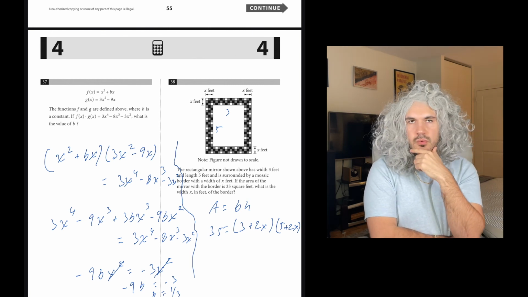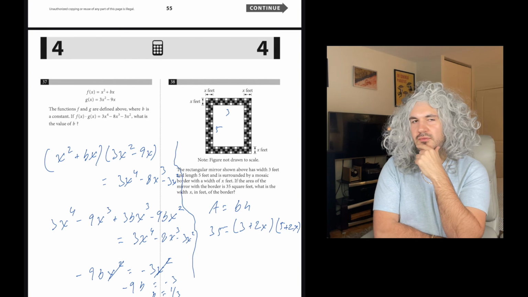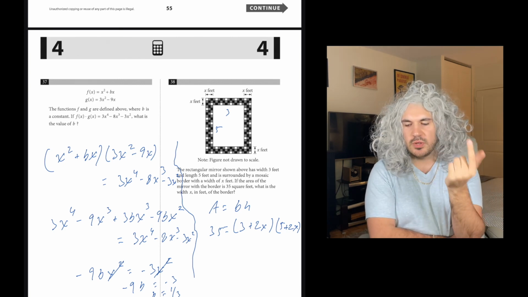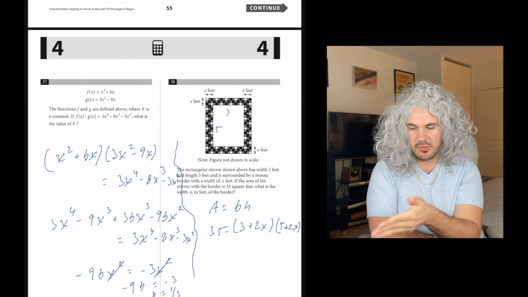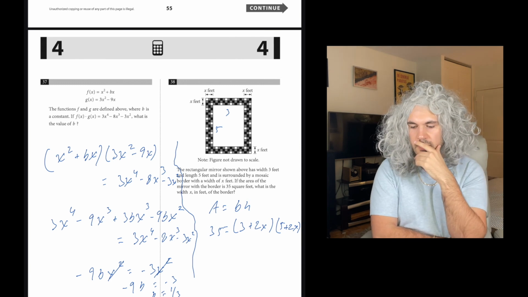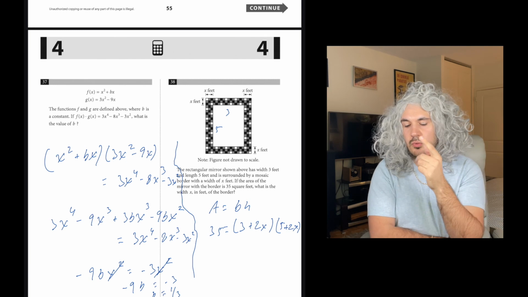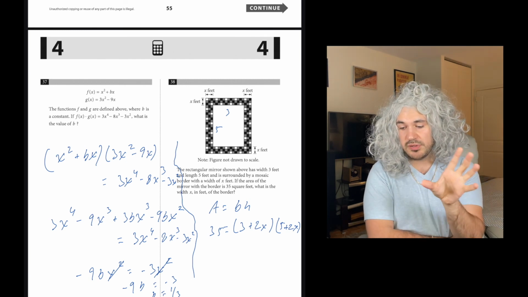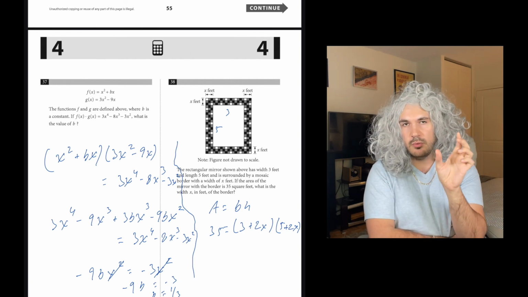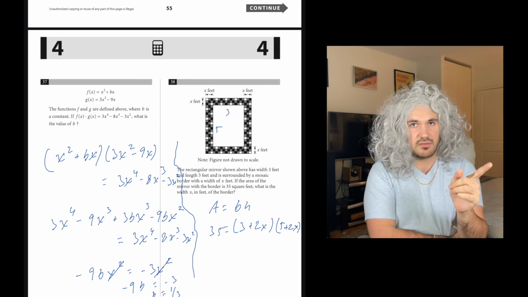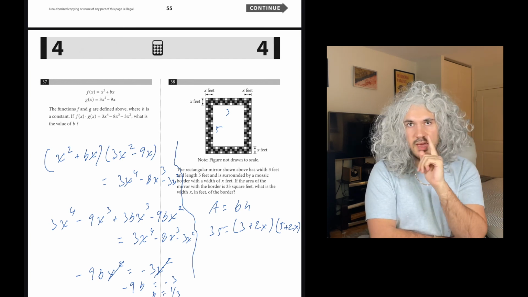We know the factors of 35, right? There aren't that many. It's just 1 and 35, and we know that's not going to work, and 7 and 5. So we have the 3 plus 2x and the 5 plus 2x. One of these we know has to be equal to 7, and one of them has to be equal to 5.